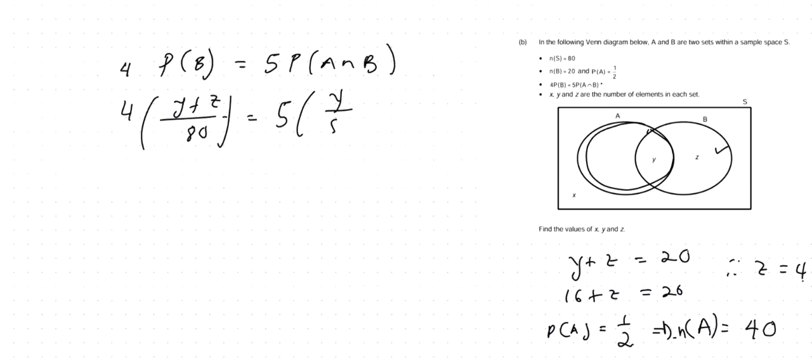If we multiply both sides by 80, we'll just have 4 times (Y plus Z) equals 5Y.